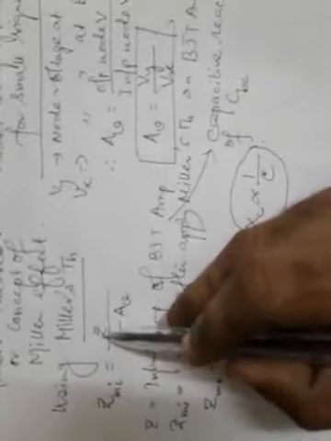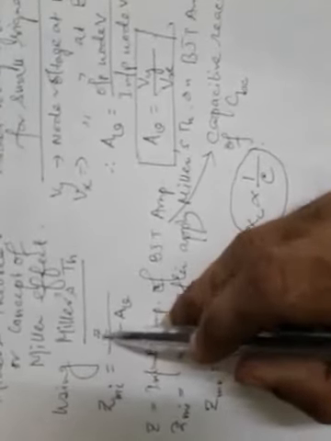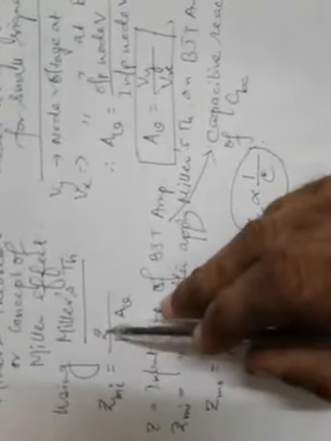If we apply this idea to ZMI and ZMO, this Z, which is the capacitive reactance of CBC, is inversely proportional to the capacitive value C.